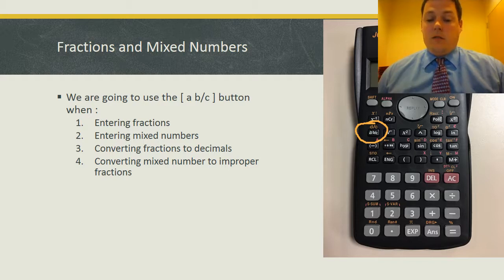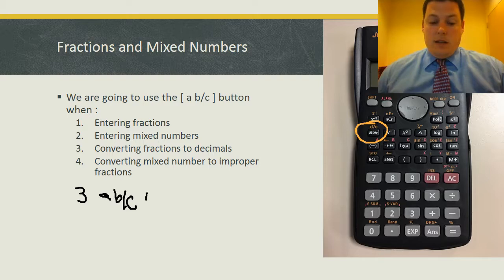All very, very useful. So if you were going to plug in a fraction, what you would type is 3, then you would hit the ABC button, and then 4, and then you would hit the enter button, and you will see that you get 3/4.